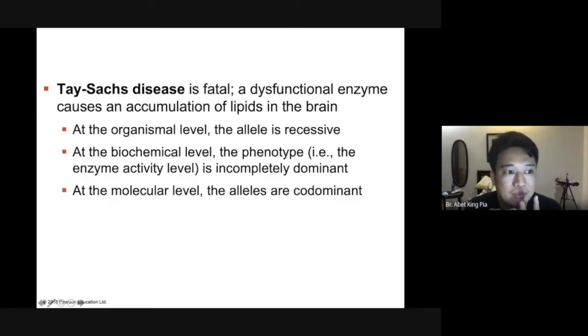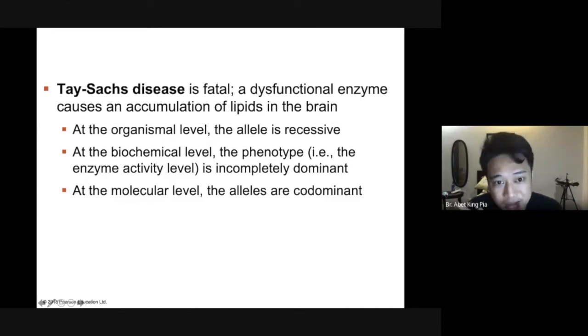The alleles on this level should be incompletely dominant, or else kung hindi present yung isa, hindi magpapakita at the biochemical level yung enzyme activity, meaning hindi magpo-produce ng sobrang daming lipids sa utak yung enzyme. So that's in the biochemical level.